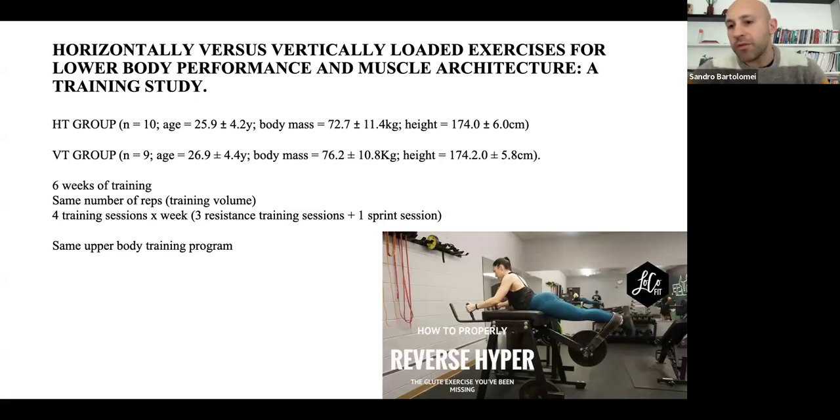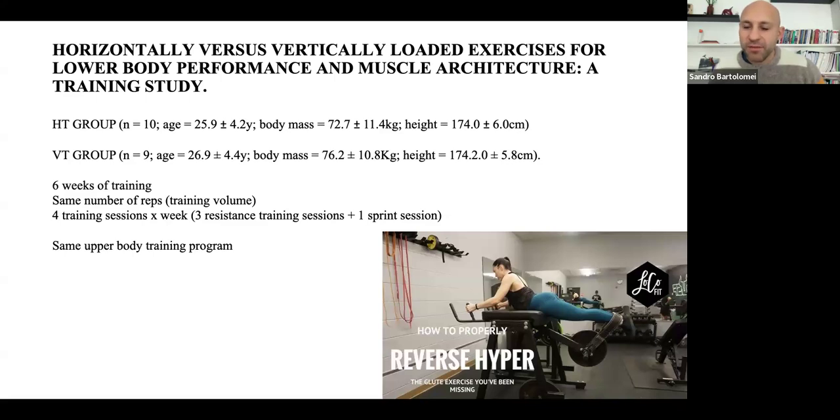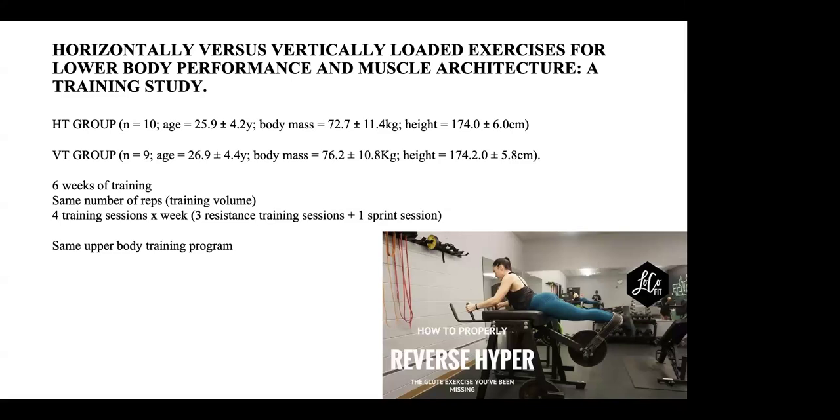So what is the first limitation of this study? Short period of time. Yes, 6 weeks is minimal. Each group includes both male and female individuals. What is another limitation of the study? The amount of people. With male and female, and only 19 total, it's small.